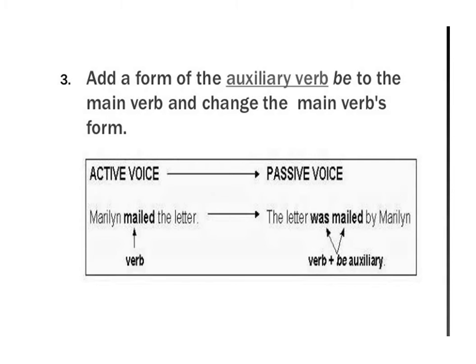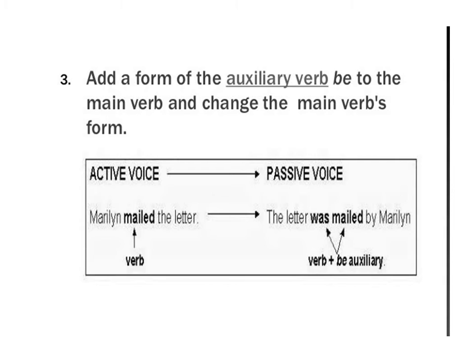So Marilyn mailed the letter. Mailed: we see the verb, the tense of the sentence is past. So the kind of auxiliary we need to add is was. So the letter was mailed by Marilyn.